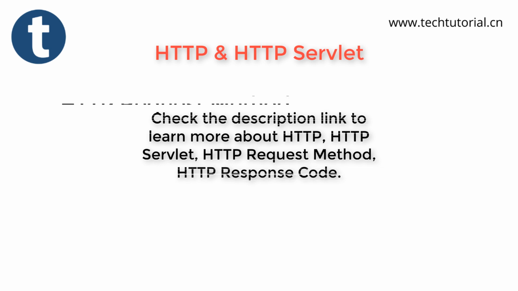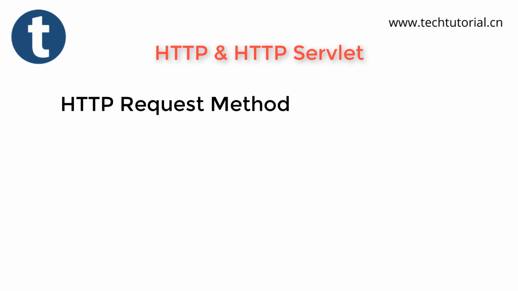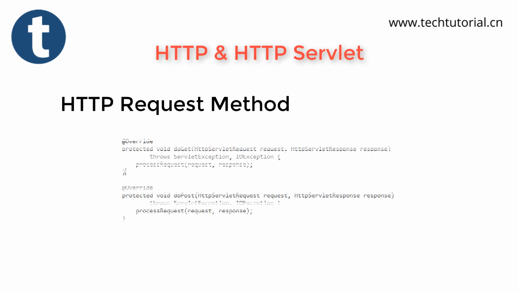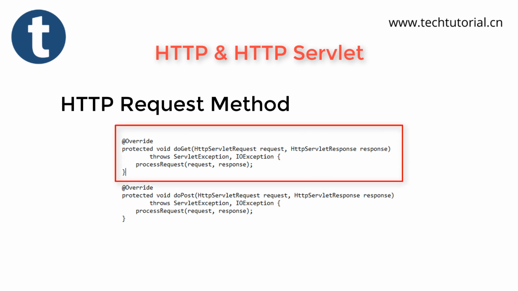Okay, let's look at the HTTP request methods. In HTTP we have many methods, but mostly we use the get method and the post method. The get method requests a representation of the specified resource; requests using get should only retrieve data.